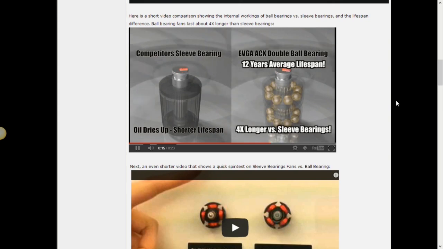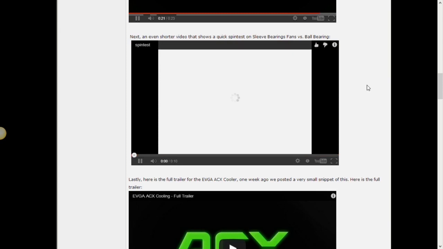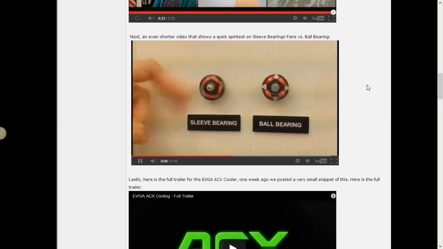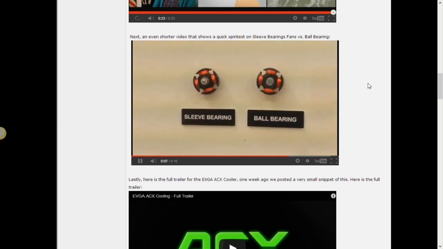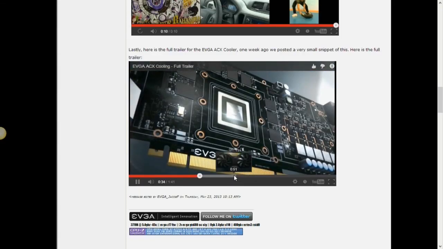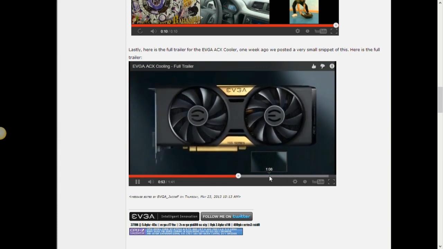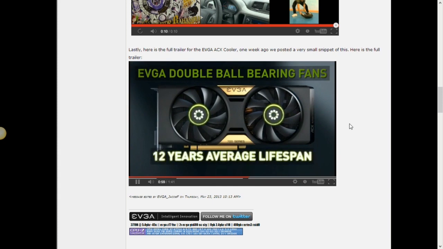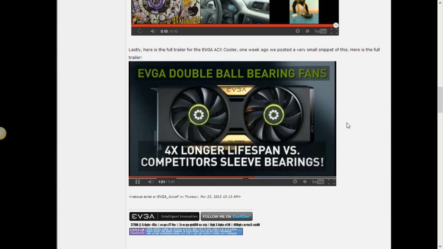So if you have a GTX 780 in your system for 12 years, good on you. Oh, come on. A sleeve bearing goes longer than that. We've compared the competitor's sleeve bearing. Oh man, look at this one. That's too long. Moving on. It's like 3D assembly. Mine wasn't gold like that. I want the other double ball bearing. Look at them spin. Yeah. All right, let's move on.